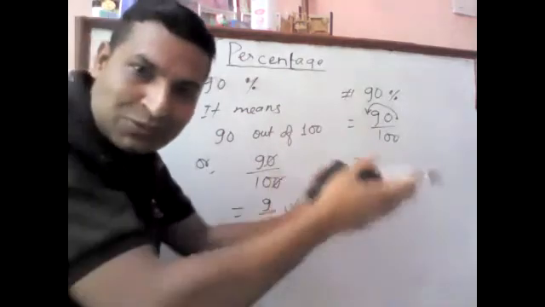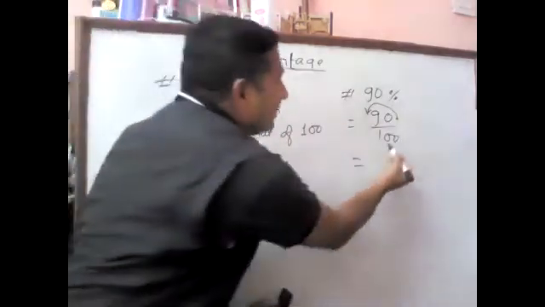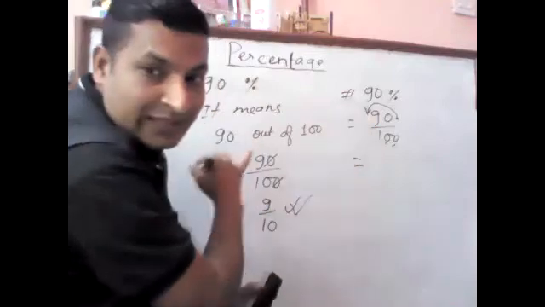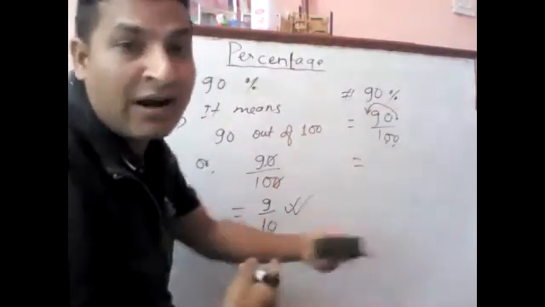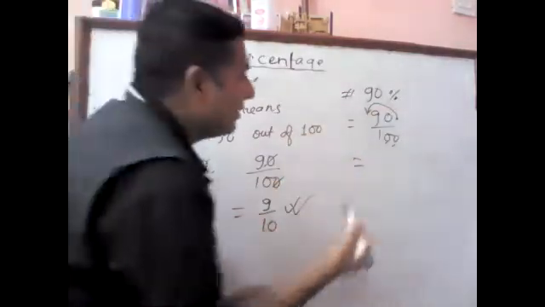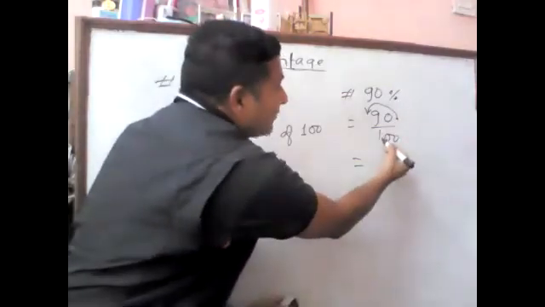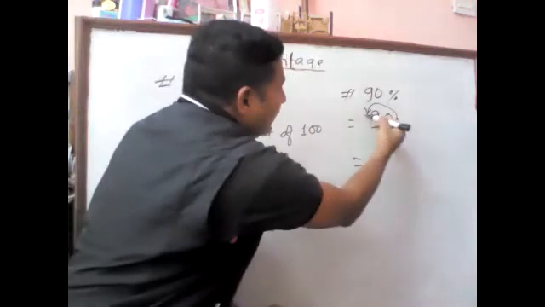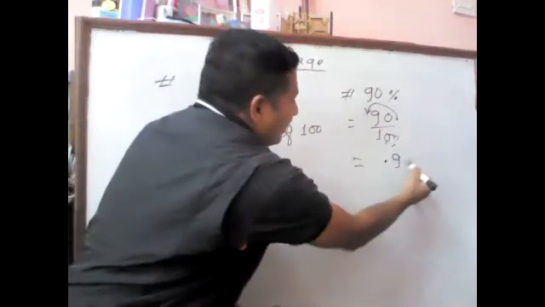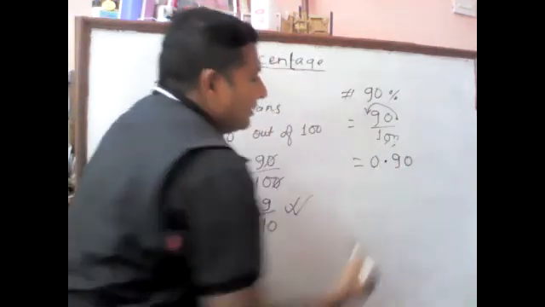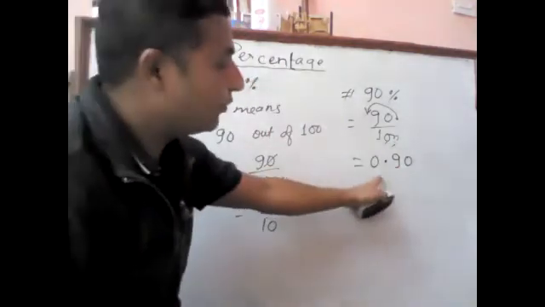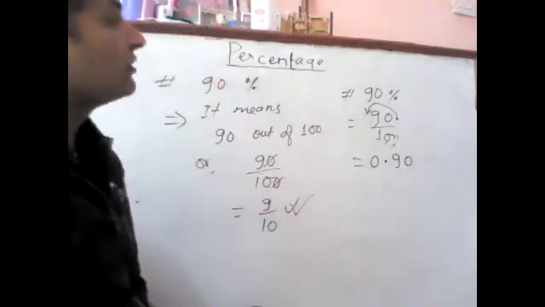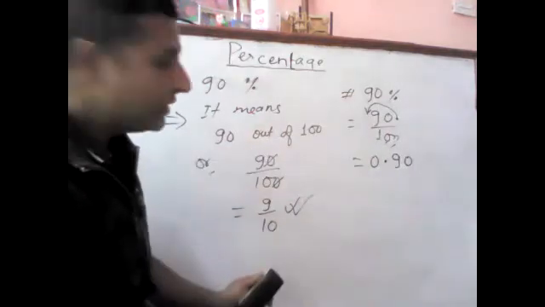While dividing, the decimal goes left side. Here are two zeros, so two places left. Or you can directly divide. So the decimal goes here and it will be 0.90. Like this, we can convert percentage into decimal.